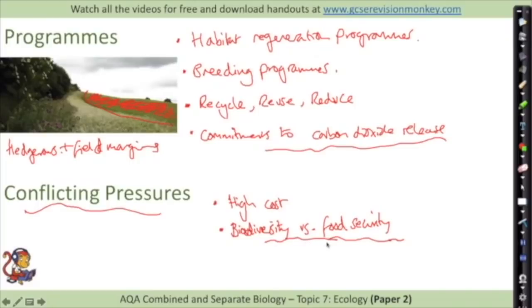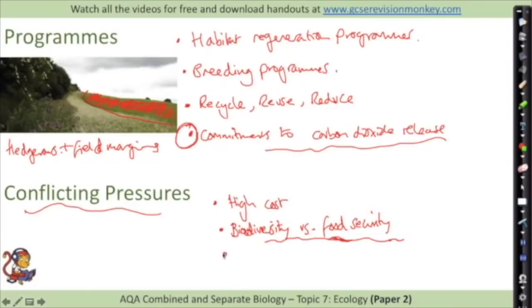Also, for other countries that are finding it very difficult to grow enough food to maintain their populations, well then it's very difficult to try and get governments to instill very particular commitments on those countries when they are going to want to cut down trees, to grow food, etc.